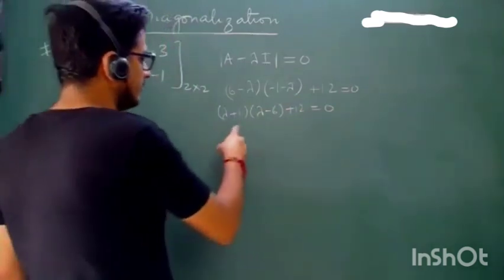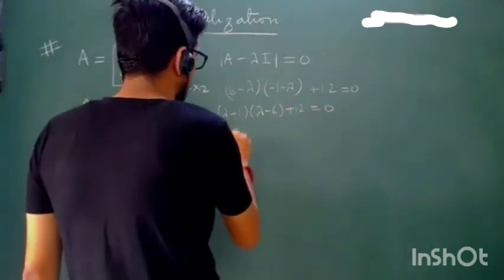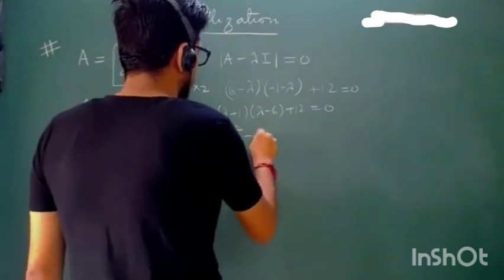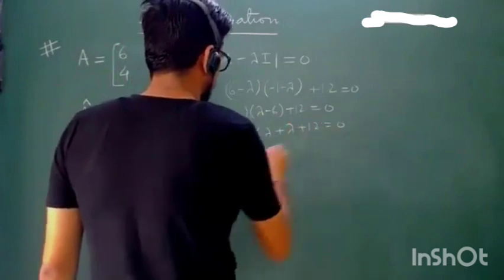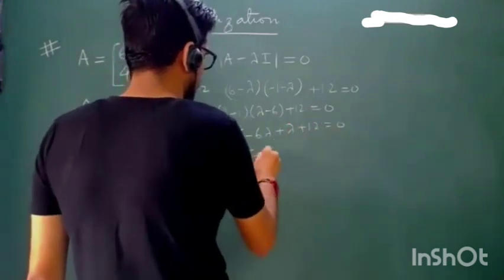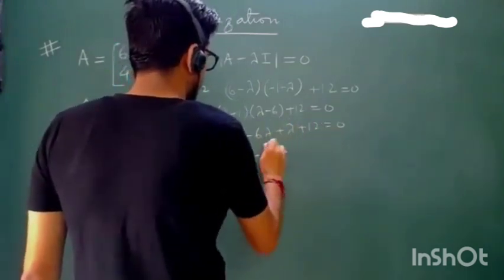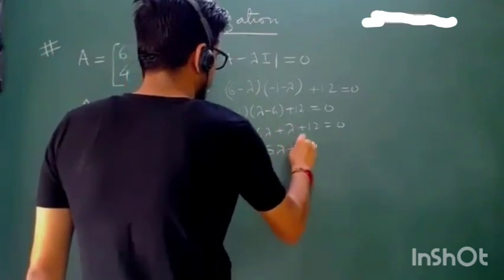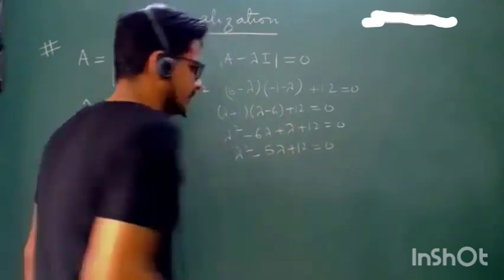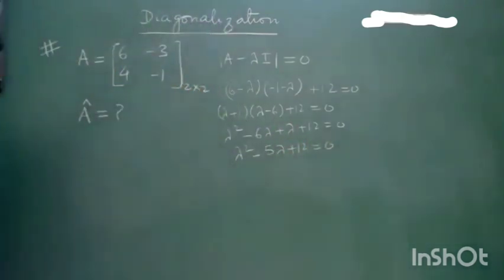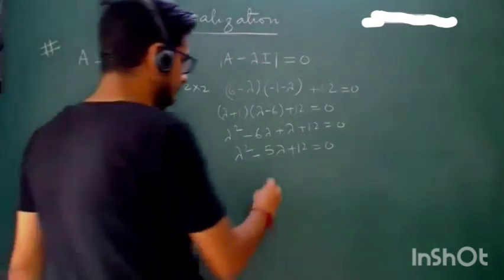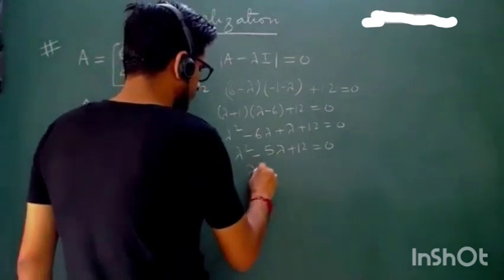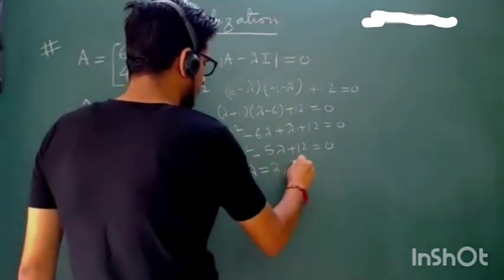Tell me what you will get. Lambda square minus 6 lambda plus lambda plus 12 is equal to 0. So it will become lambda square minus 5 lambda plus 12 is equal to 0. So what are the roots? 2 and 3. So lambda is equal to 2 and 3.